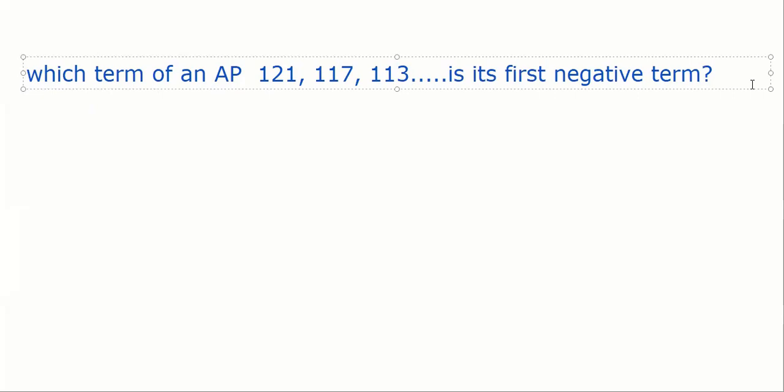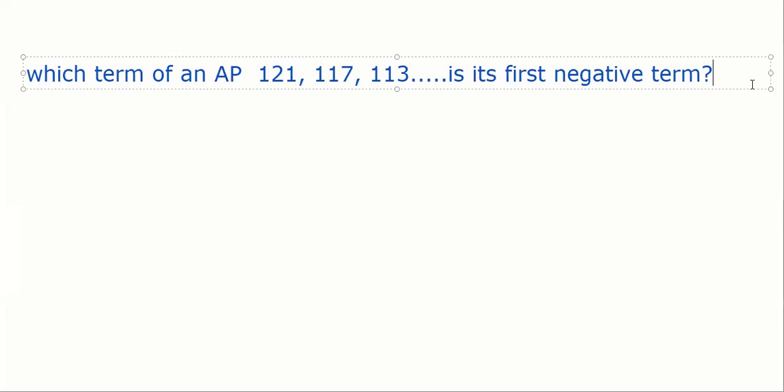Any ideas? You will get a negative term, right? Because 121, 117, 113, then again it will go minus, minus, minus. Think, guys, it's very easy. We don't know how to find out.